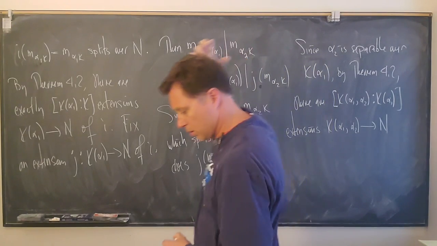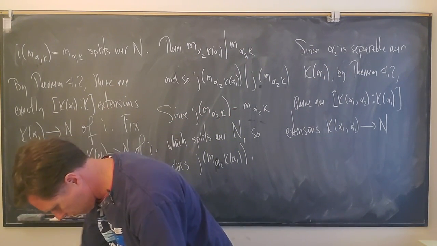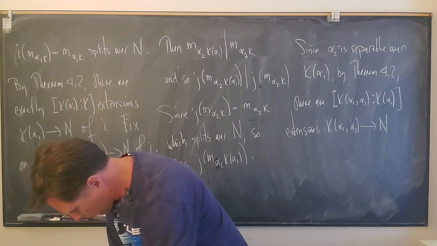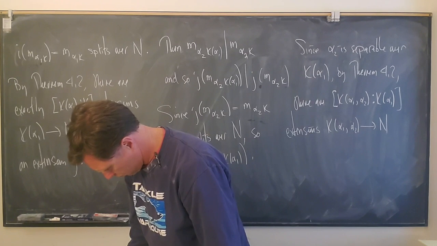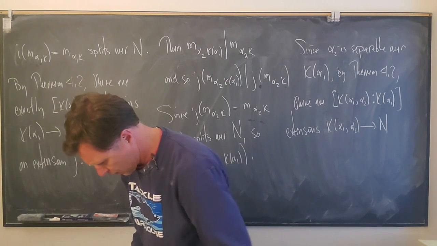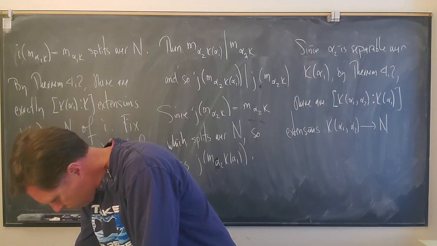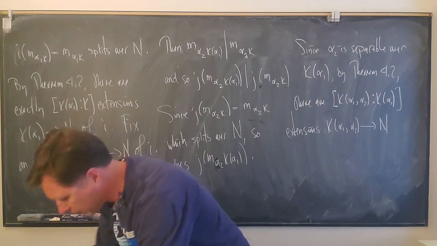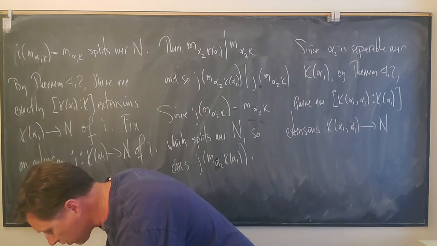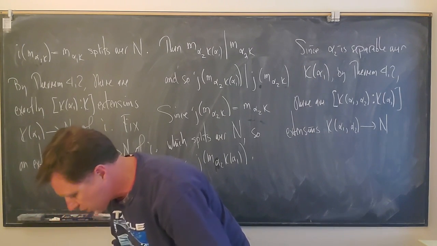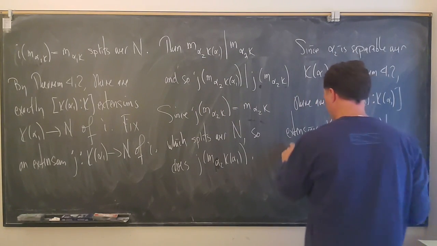That's weird. That should be an N. Sorry, one more typo. I got one more typo in my notes. I wrote an L when I should have written an N. Okay, so extensions into N of J.